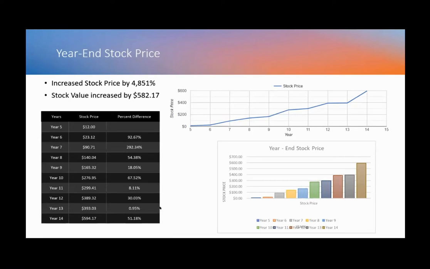We increased to $23 in year 6. But at the end of our project, me, including all of my co-managers, increased our stock price by 4,851%. With that being said, from year 5 to year 14, we increased in dollar value by $582.17. And also, our stock price never dropped since the beginning, and we have constantly been increasing our stock price.